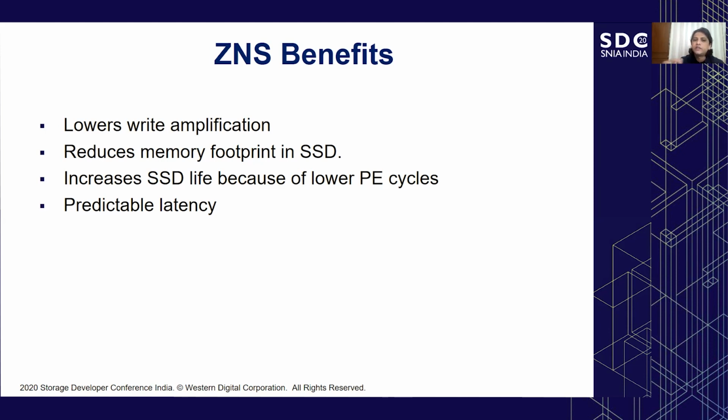So this is eliminated in ZNS, because in ZNS the application can do intelligent data placement, and by doing that, it can avoid entirely the device level garbage collection. Garbage collection in the device is the root cause of write amplification in the device. So if we eliminate that garbage collection, then the device level write amplification is almost nil, or one. That's the best case scenario.